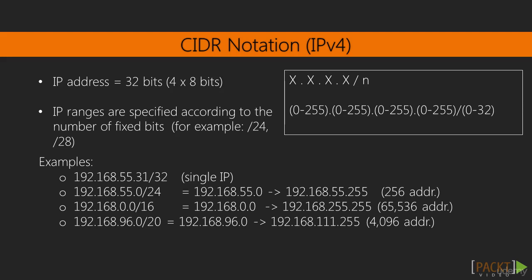For a final example, a /20 would leave 12 bits unspecified, or 4,096 addresses. At the bottom of the slide is a link to one of the many online calculators that will convert CIDR notation to the starting and ending IP addresses.